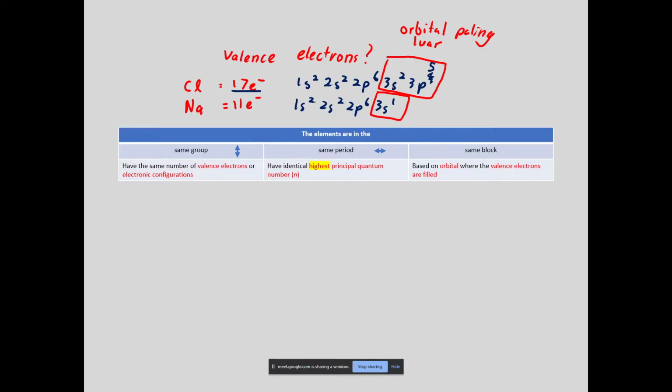Boleh? So, untuk valence electron, kita tengok dekat orbital paling luar. Maksudnya, nilai of N paling tinggi. N ni is principal quantum number kan? Principal quantum number paling tinggi. So, that is the valence electron.